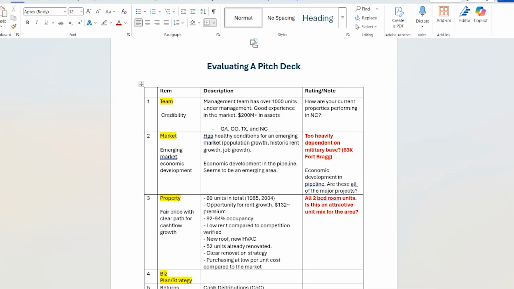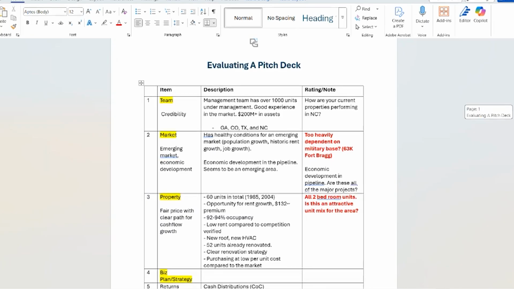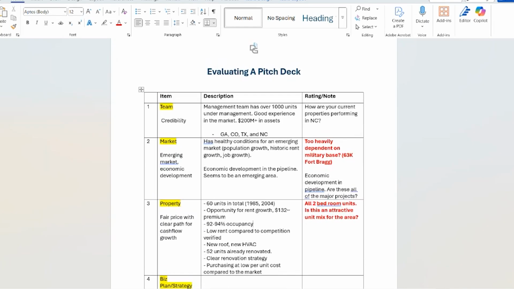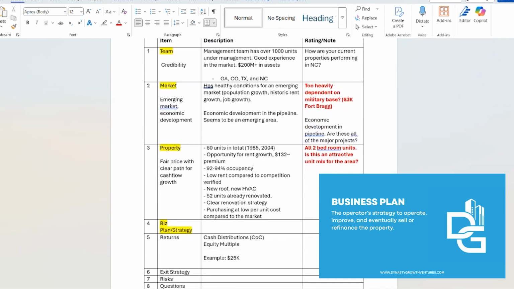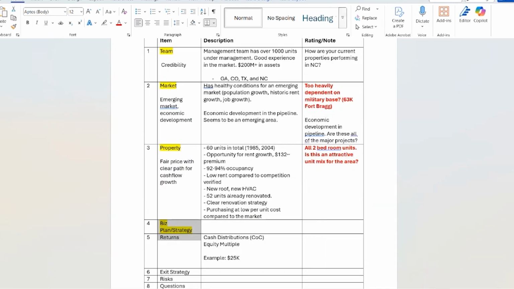These are all great things and should at least keep us occupied to listen further about this investment opportunity compared to the business strategy and the projected returns, which we'll get into next time. It's really important for you to understand these pitch decks, understand how to ask questions before we get on to a live presentation.